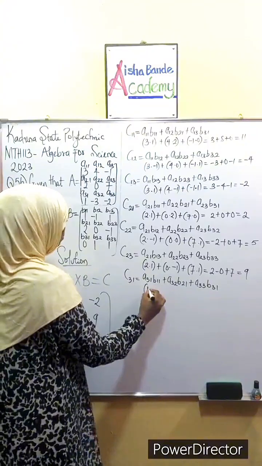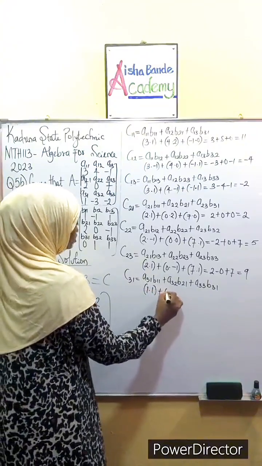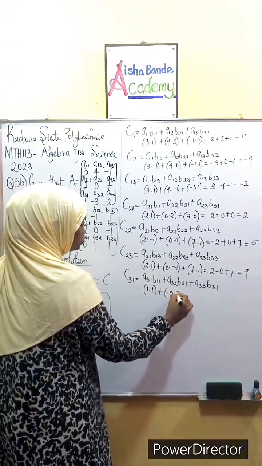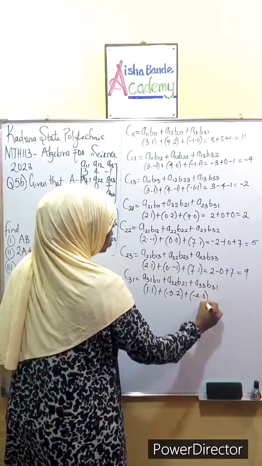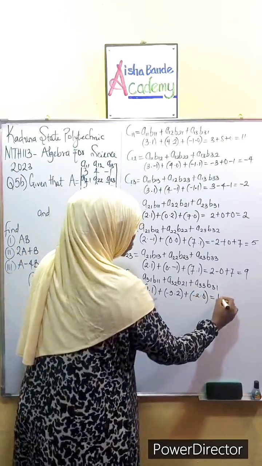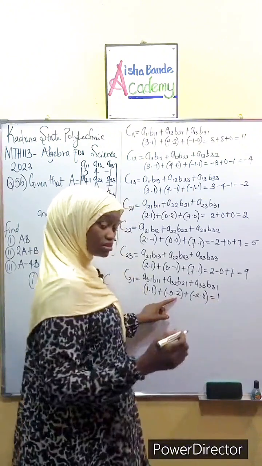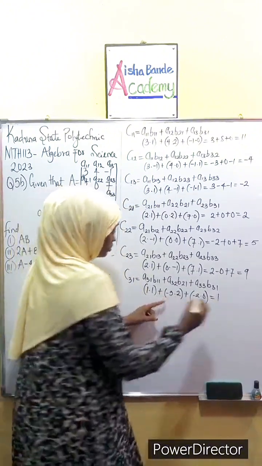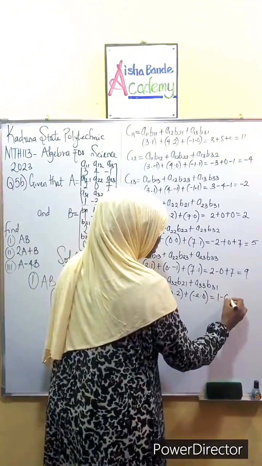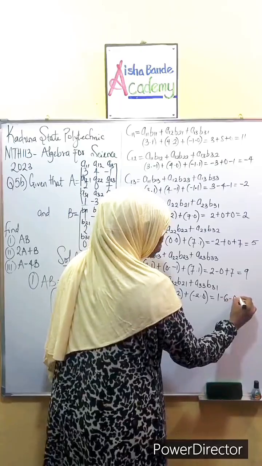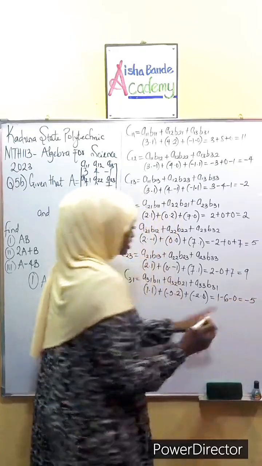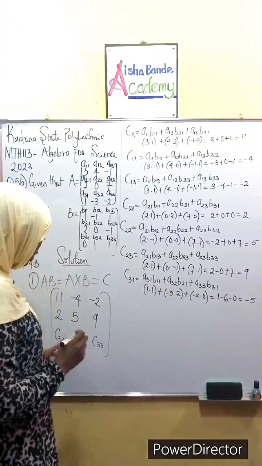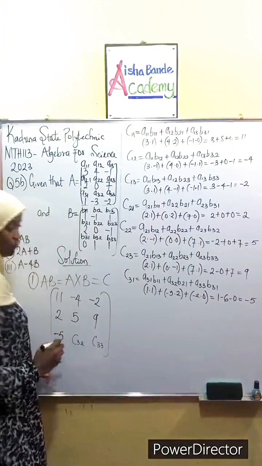So here is 1 multiplied by 1 plus minus 3 multiplied by 2 plus minus 2 multiplied by 0. So simplifying, 1 times 1 is 1, minus 3 times 2 is 6, plus times minus is minus, so we have minus 6, then minus 0. So 1 minus 6 minus 0 is minus 5. So our C31 is minus 5. So we substitute here minus 5.